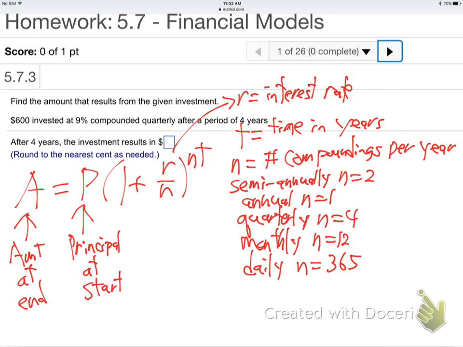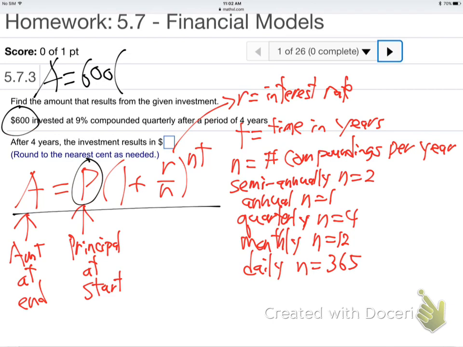All right. So let's do it. You guys have your calculators with you? So the amount will be P. What's the principal? The main amount that you start with. It's the 600, right? And what's the R?